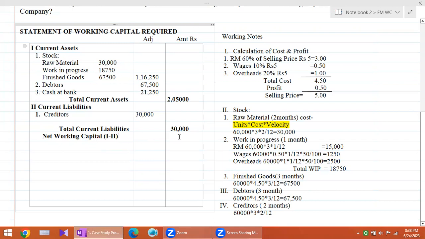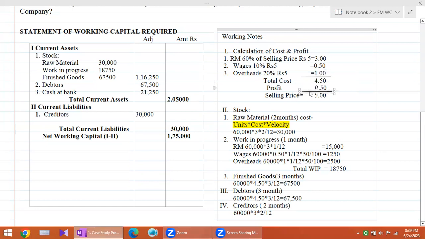So what is the amount we derive here? That is rupees 1,75,000. So this 1,75,000, right?